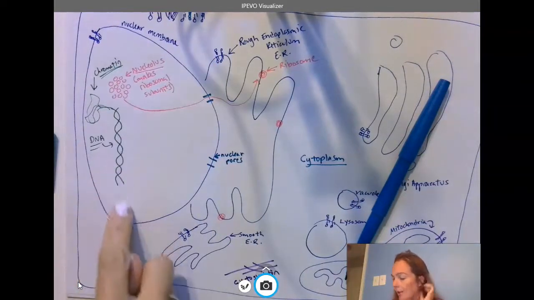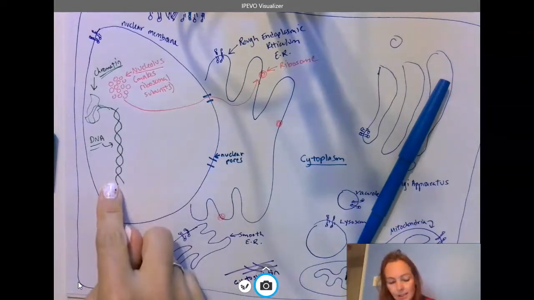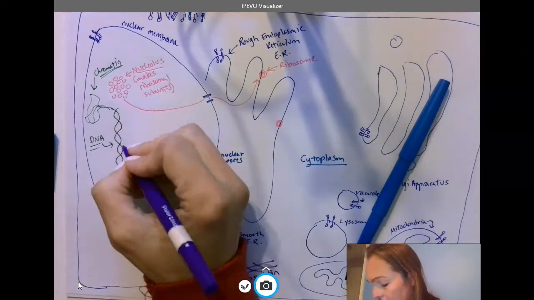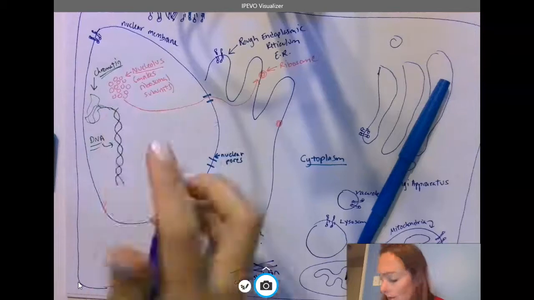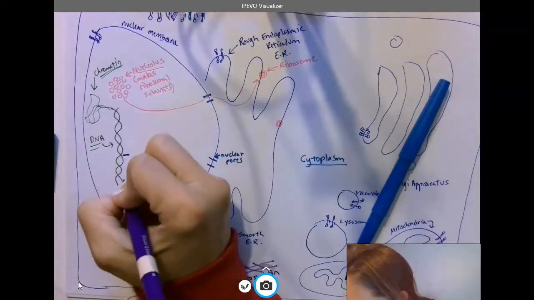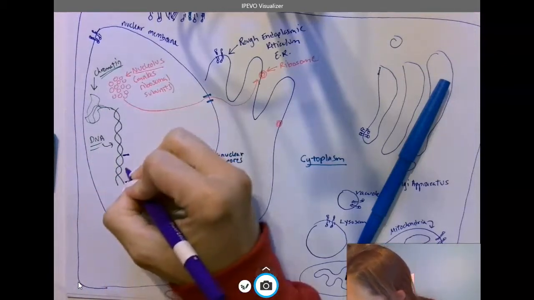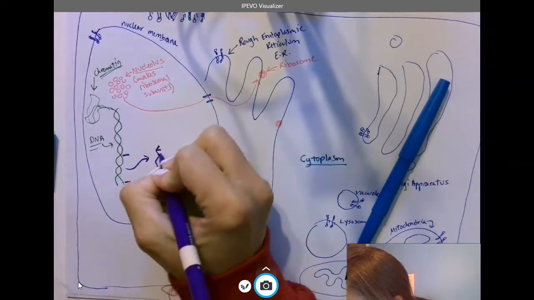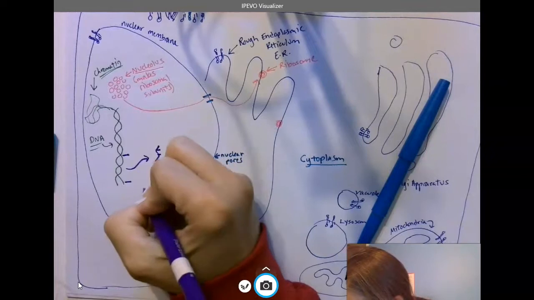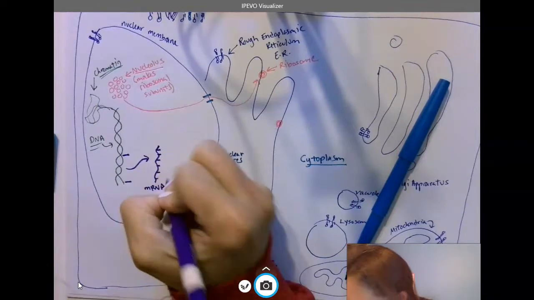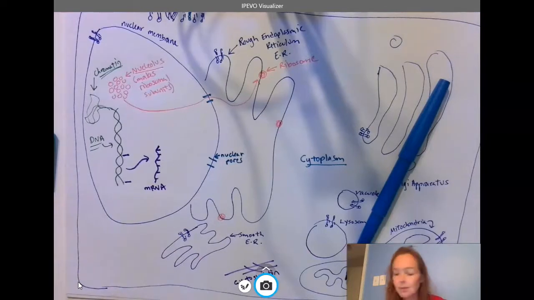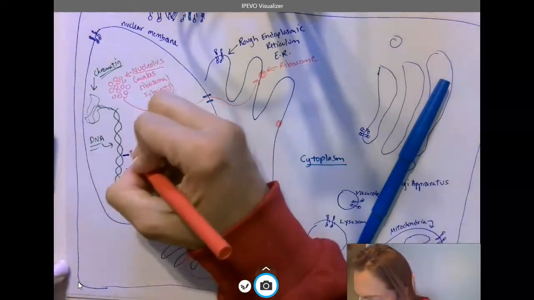So in the nucleus, we'll go through the process of deciding what part of the DNA we want to read. We're going to read a section of the DNA, and we're going to create mRNA out of that section of the DNA. And that process is called transcription.